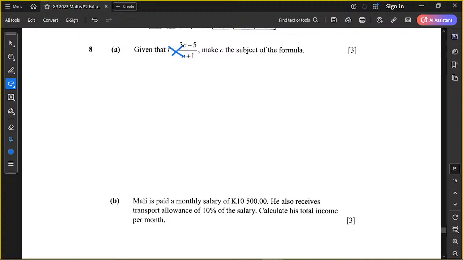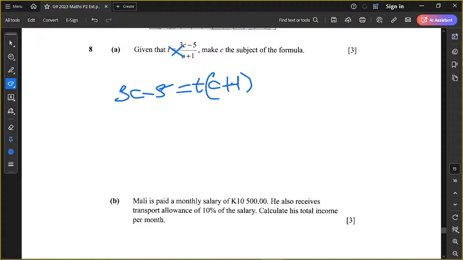So we have 3c minus 5 is equal to t multiplied by c plus 1, in brackets.